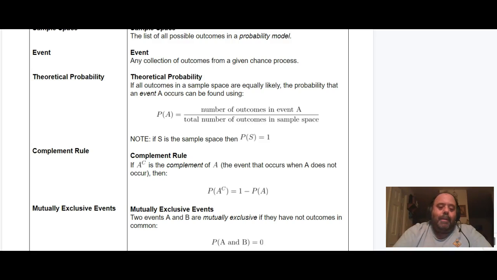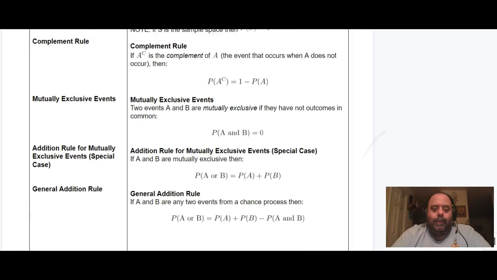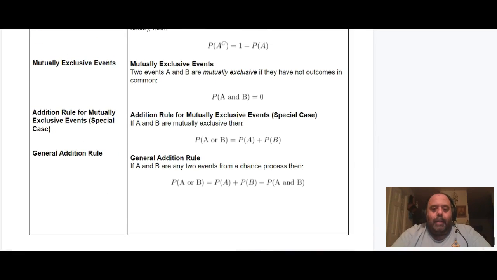We have events that are mutually exclusive, okay, which means that when one event occurs, the other one does not. These two events cannot occur at the same time. So it's like the probability of being a square and a circle, right? You can't be both a square and a circle, last time I checked.